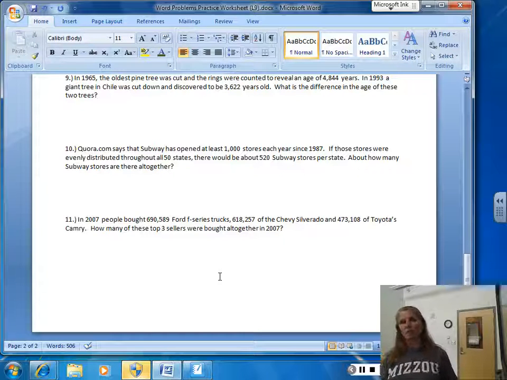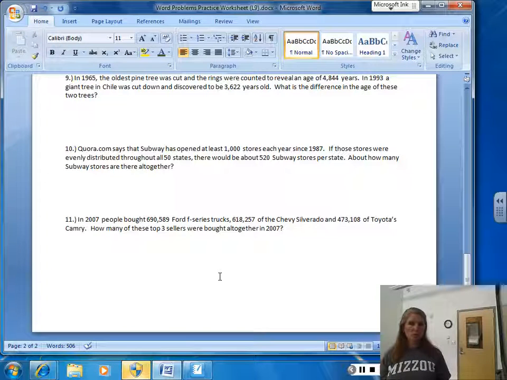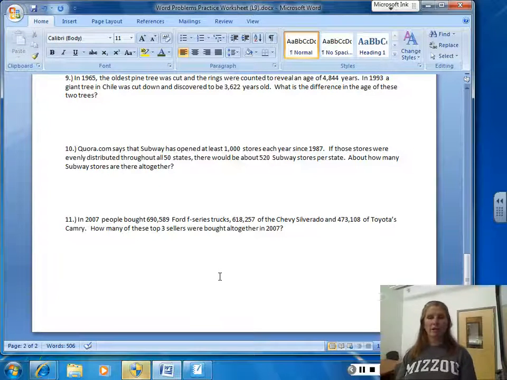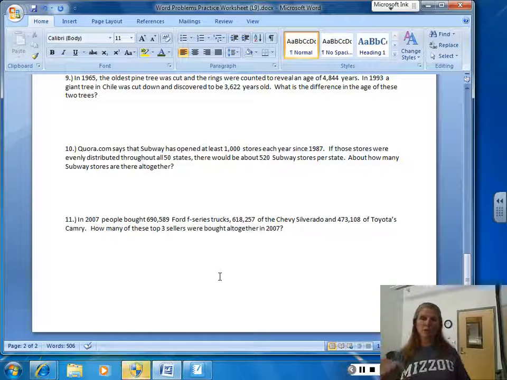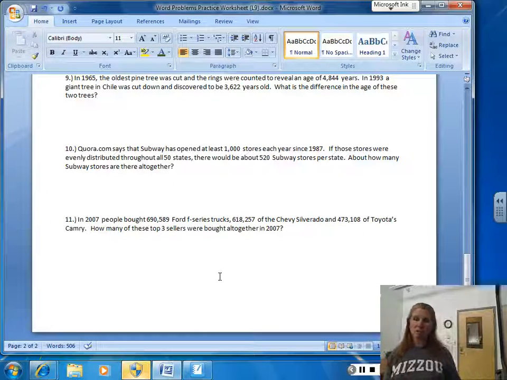So remember, altogether could mean multiplication, it could be addition. Which one makes sense for this problem? It makes sense for this problem that you would add those 3 amounts together. It's not like we're doing one thing repeatedly 50 times, which makes it good for multiplication, as it was in number 10. Number 11, we've got 3 different amounts. We just want to add those 3 together.